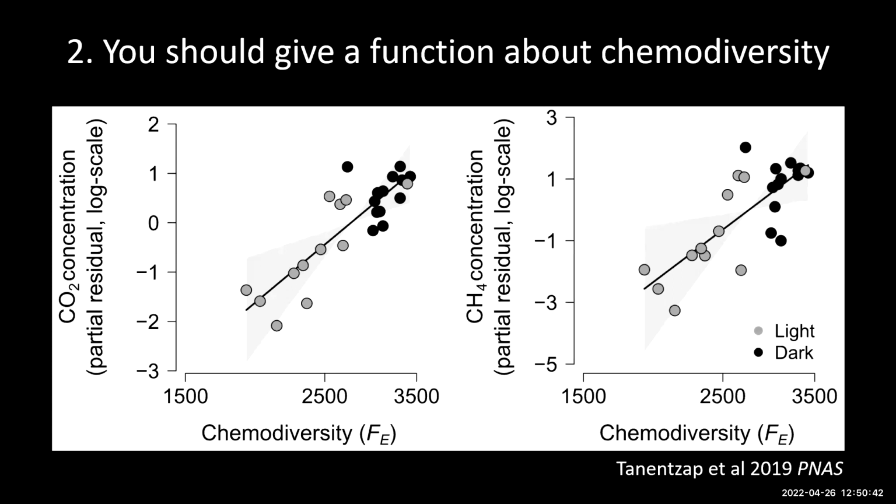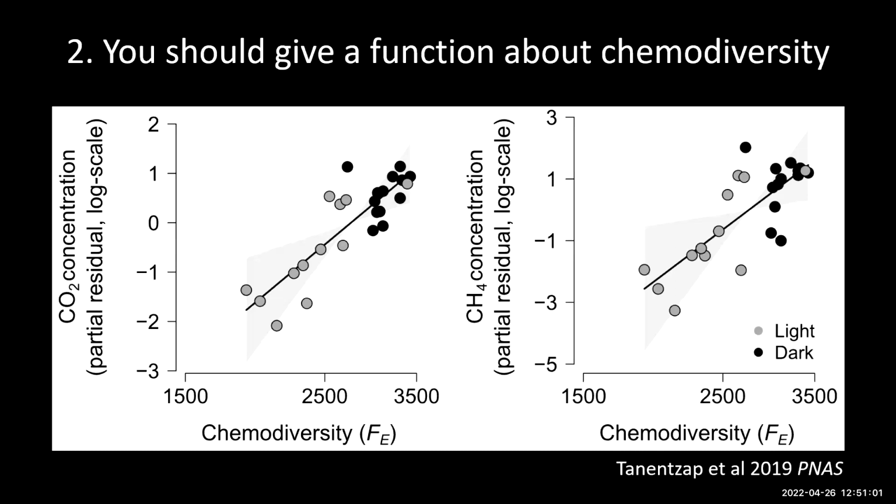So we're just isolating in this plot, for visualization purposes, the effect of chemodiversity. What we found was that over the observed range of chemodiversity, carbon dioxide and methane concentrations increased by a mean of 16 and 55 times respectively.